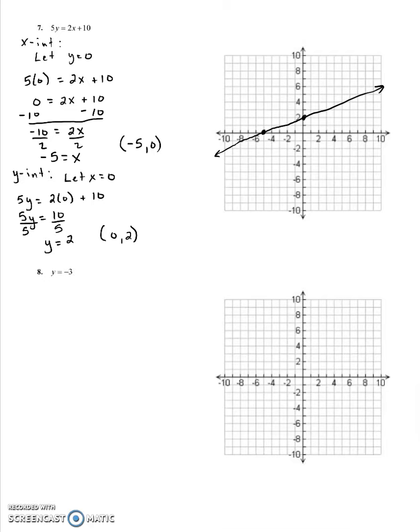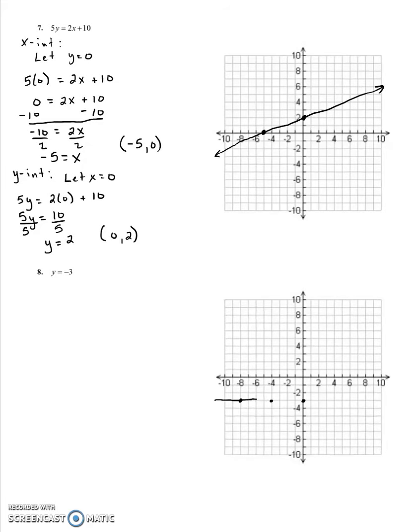What this says is no matter what value we put in for x, the y value is negative 3. So if I were to put negative 8 in for x, doesn't matter, there's no x in that equation. y is negative 3. Same thing if I put negative 4 in, y would be negative 3. If I put 0 in for x, y would still be negative 3.